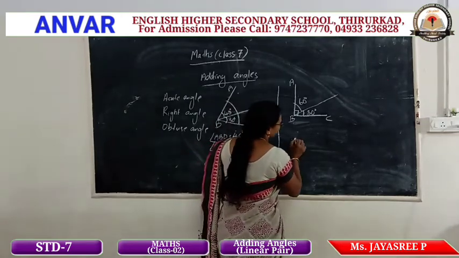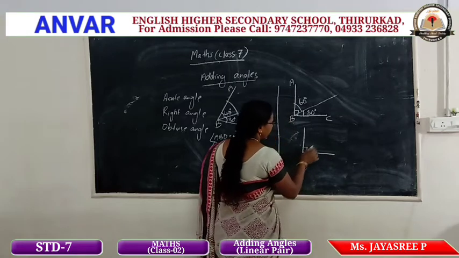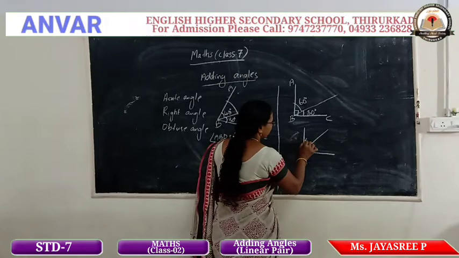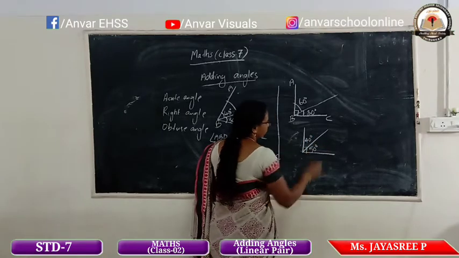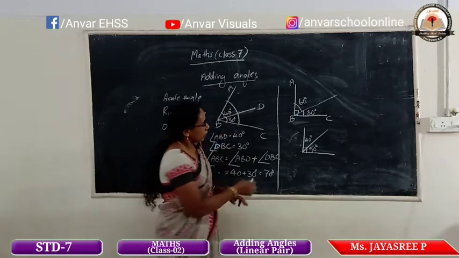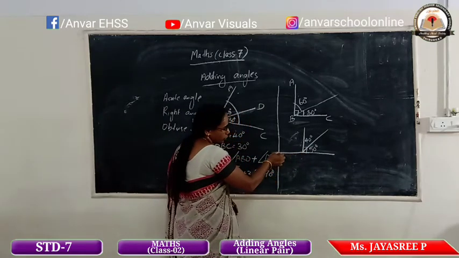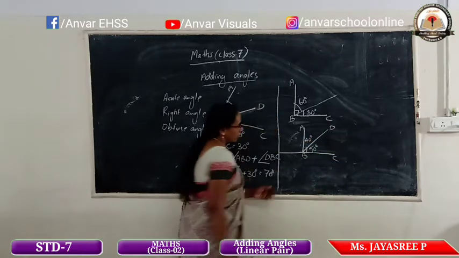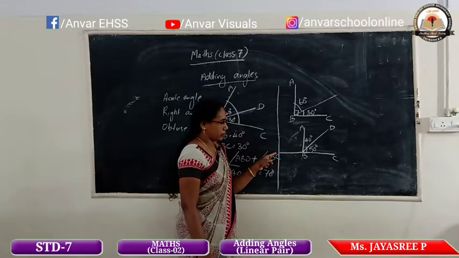Now, a right angle is 90 degree and another angle is drawn here as this is 40 degree, and so this angle is 50 degree. Now, if I extended this line to this side, A, B, C, D. BC is extended to this side.